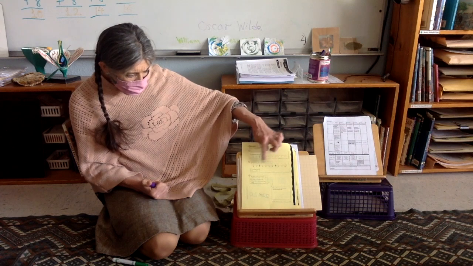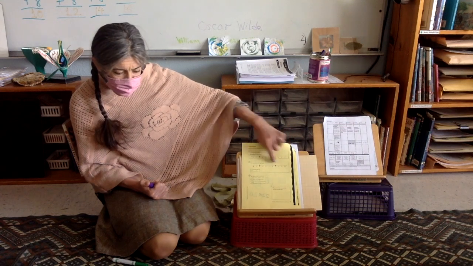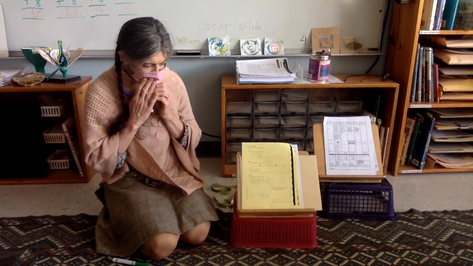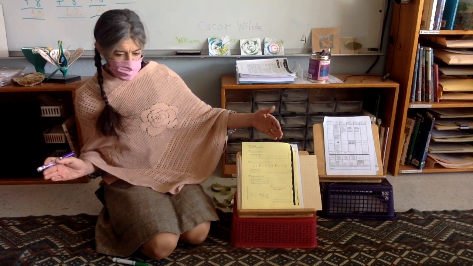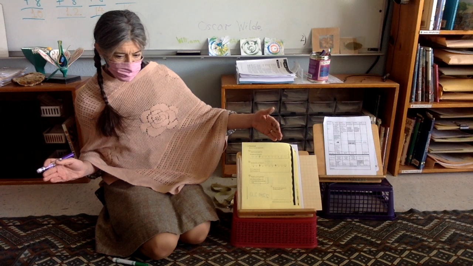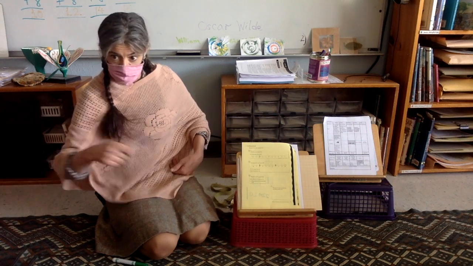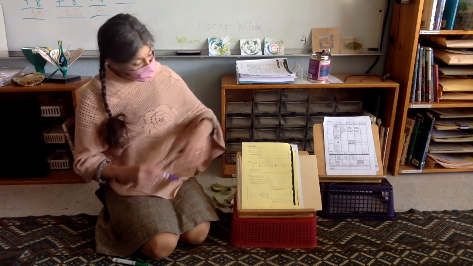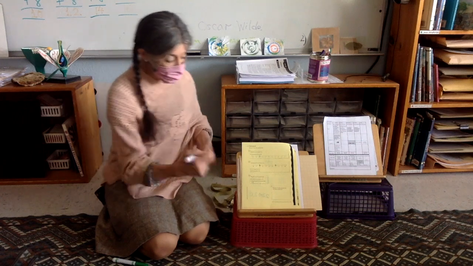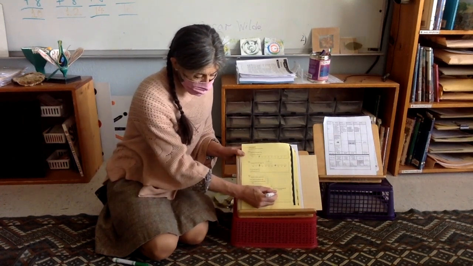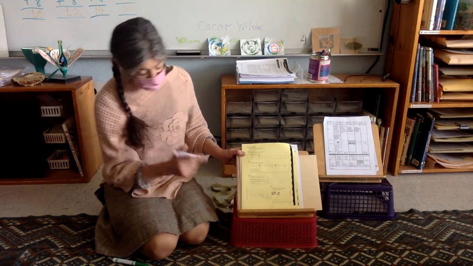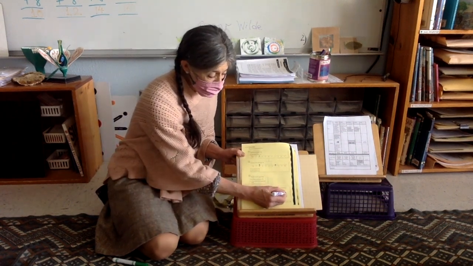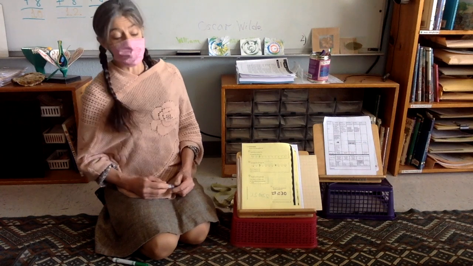So now, looking at the 27, the closest 10s are 20 and 30. Which one is it closer to? The 30. Did you agree, everybody? Yeah. This time we're going to put 27 is almost equal to 30. It's between 20 and 30, but it's much closer to 30.